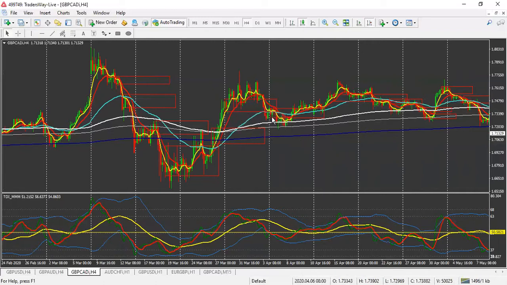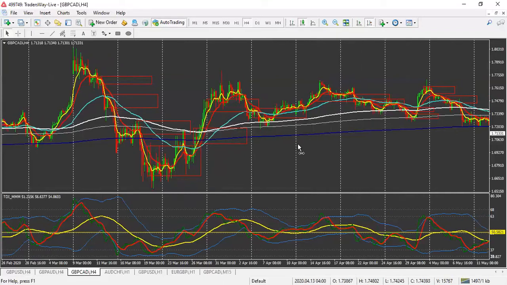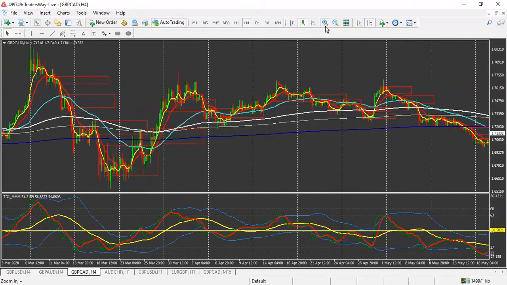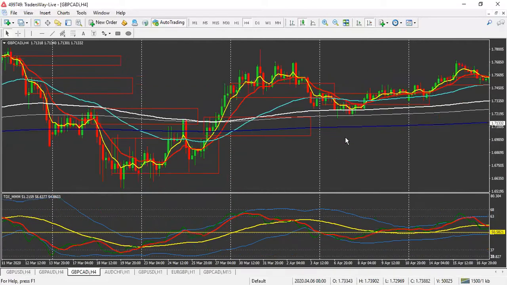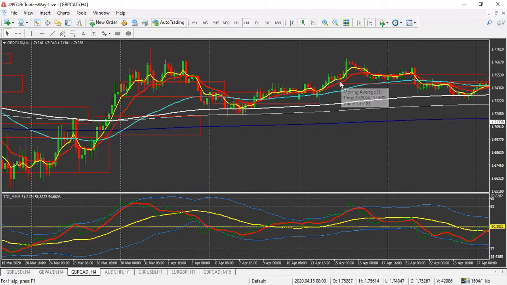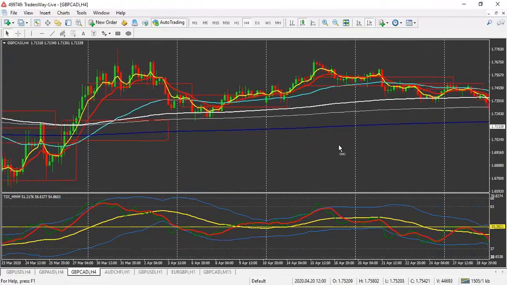Last bullish candle before your lower low, order block. Last bearish candle before your higher high, order block. Last bullish candle before your lower low, order block. Last bearish candle before your higher high, order block.